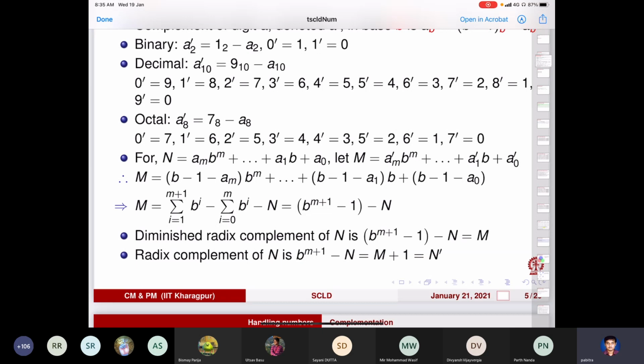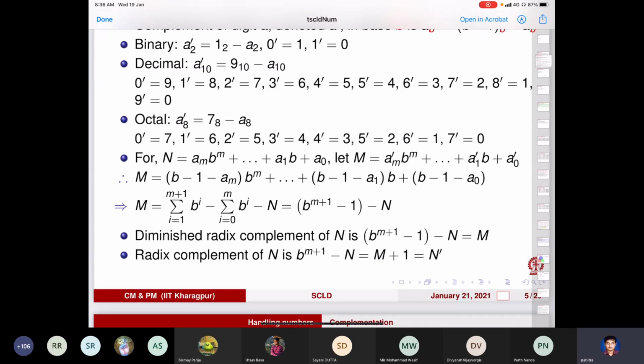Let's extend it to multi-digit numbers, m and n, where m I have got just by complementing each of the digits. So what is the relation between m and n? m plus n is b to the power m plus 1 minus 1.